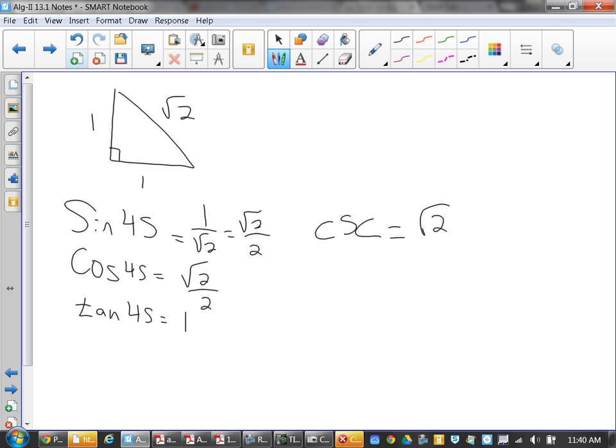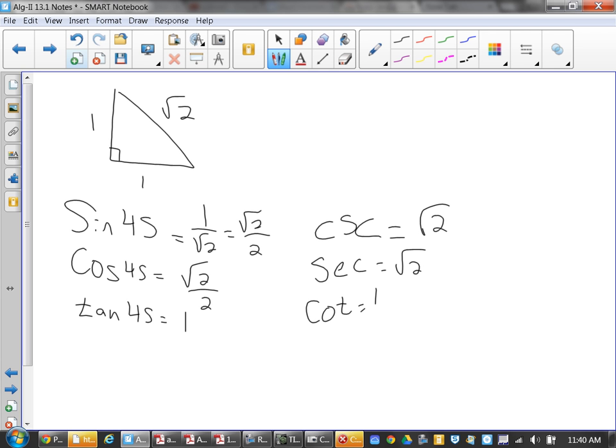You're just flipping it. If you did it the other way, you'd have to rationalize it and wind up simplifying it, 2 times root 2 over 2. So your secant value is also the same, and your cotangent is also 1.